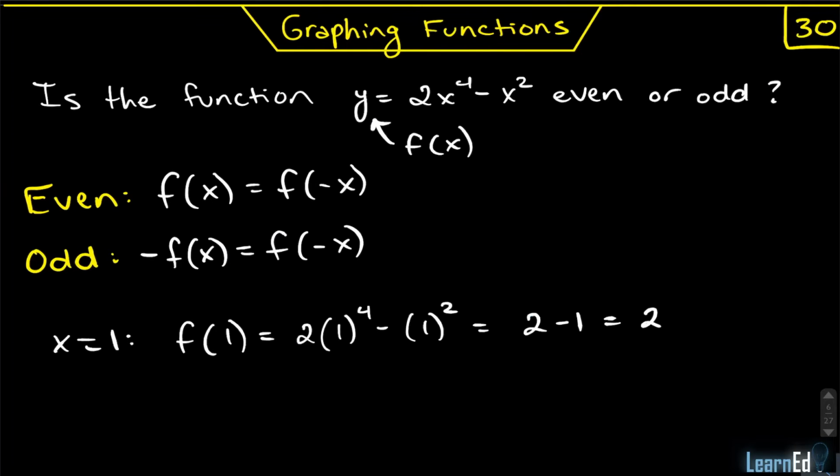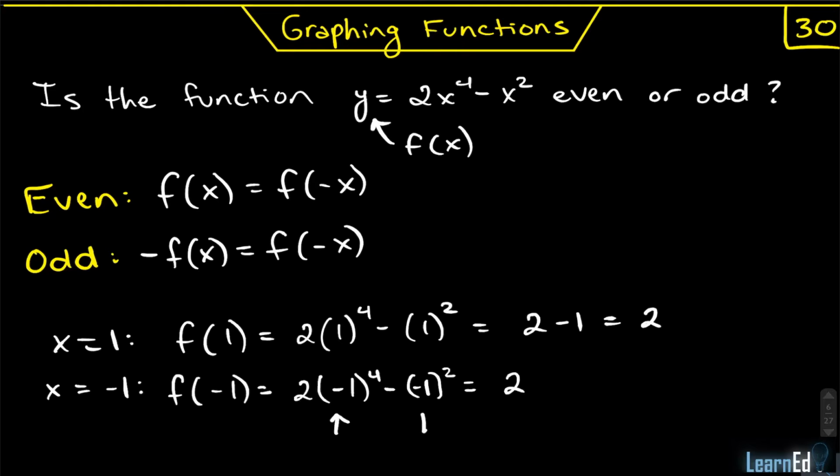So what about x equals -1? Because if this function was even, then f of -1 should equal f of 1. So we have 2 times -1 to the 4th minus -1 squared. What we get here is still, again, this is just 1, and this is, again, 1.